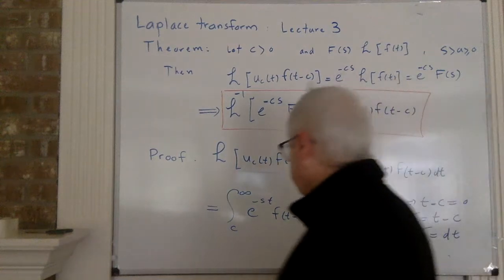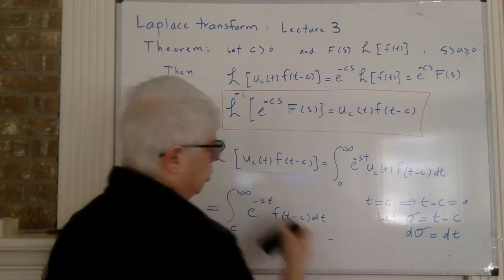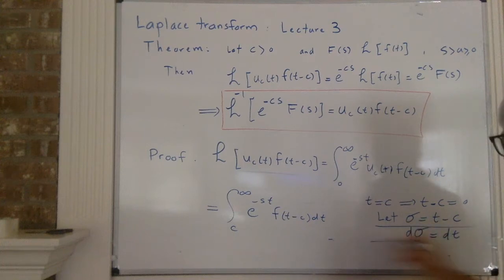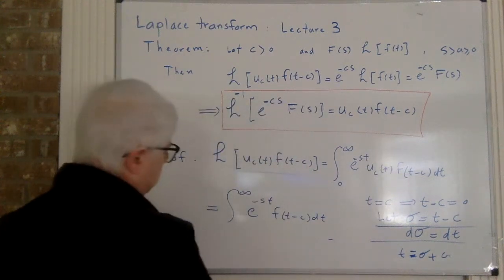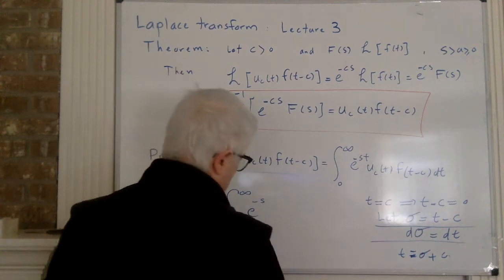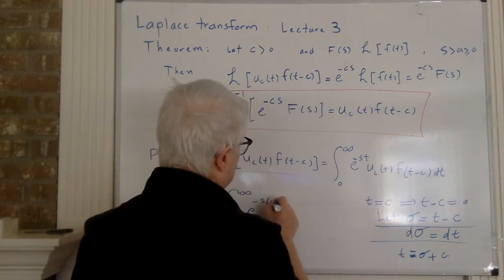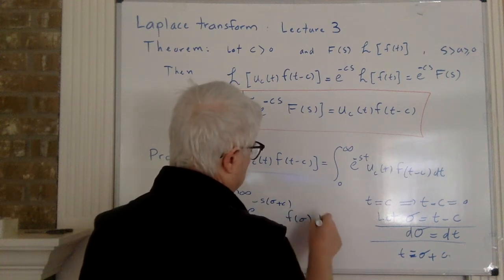Let me erase this. From here, if we let this happen, then t is sigma plus c, right? So this integral will become from 0 to infinity, and nothing happens to infinity, since infinity plus anything is infinity. I have t as sigma plus c, and this will be f of sigma d sigma.